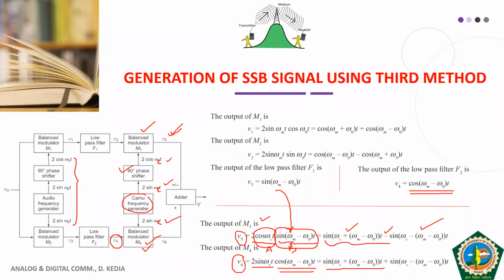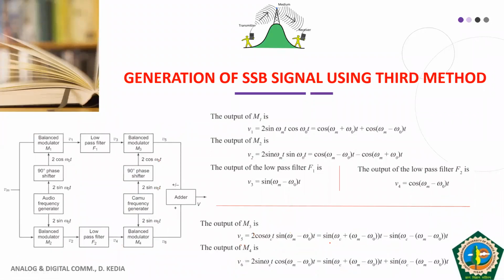Fine. So now we have reached a similar situation as we saw in the phase shift method. Now we have V5 and V6. Look at these expressions carefully. This is the upper sideband, this is the lower sideband, this is also upper sideband, and this is lower sideband. If we want upper sideband, we add these two expressions, and these terms will be cancelled.